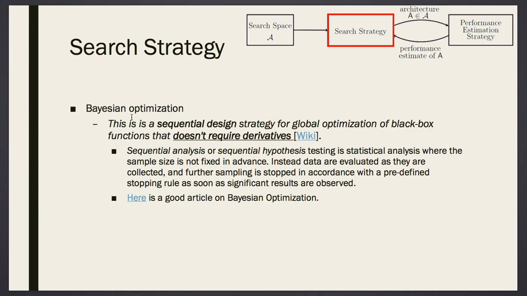The important thing about this technique is it doesn't require derivatives, because if you've taken my previous semester's course, while we were working on training, we used the derivatives to find better weights. Derivatives are like looking for a direction. The Bayesian strategy is used when you cannot get derivatives.